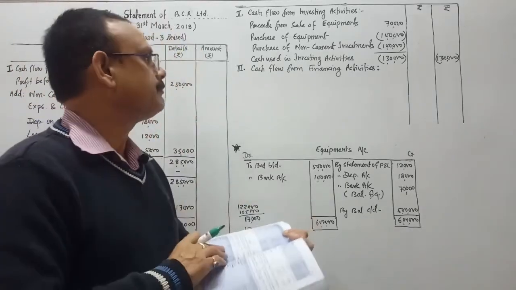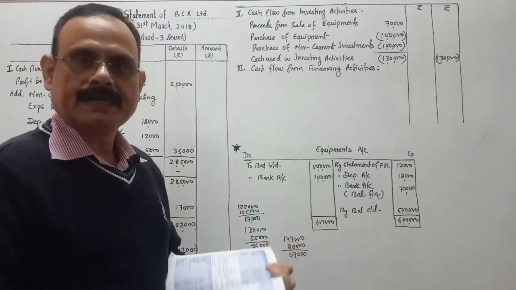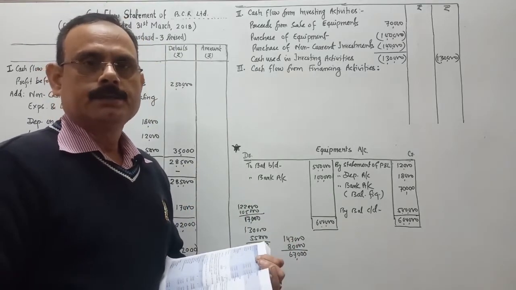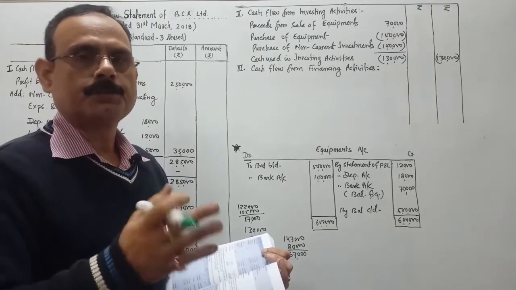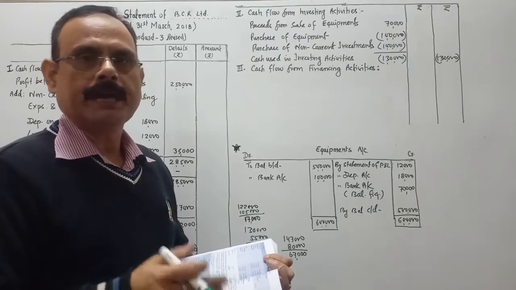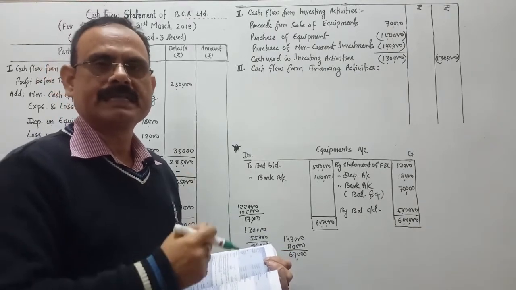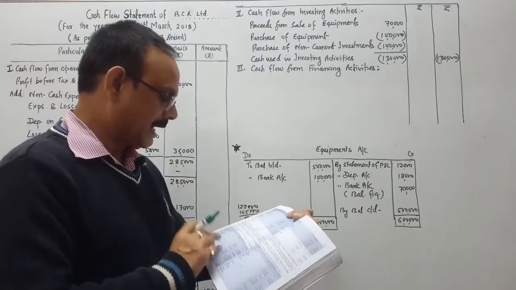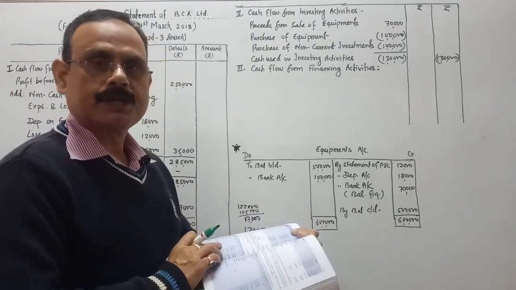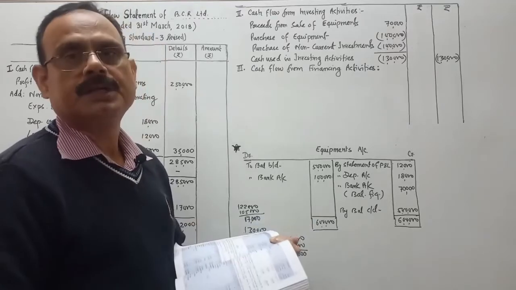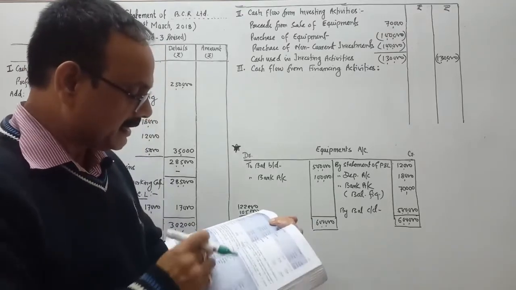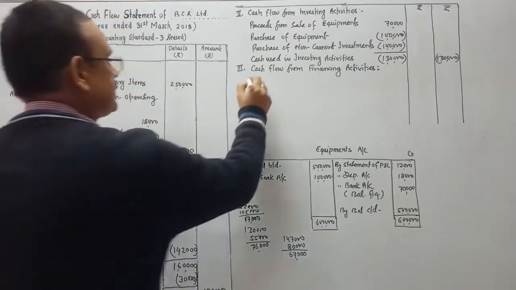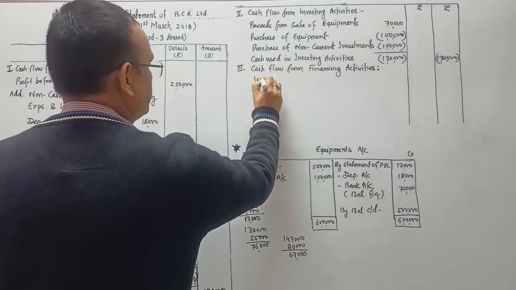So when we are going to see the cash flow from financing activities, the change in the size and composition of owner's capital and borrowed capital, we have to see which side of the balance sheet. We will see the equity and liability part of the balance sheet. Coming to the share capital, first one, shareholders fund. Last year shareholders fund was 5 lakhs, this year it is 7 lakhs. It means it's an issue of share capital.